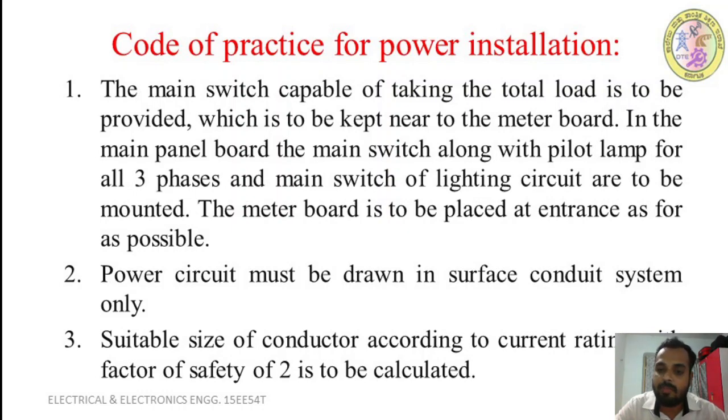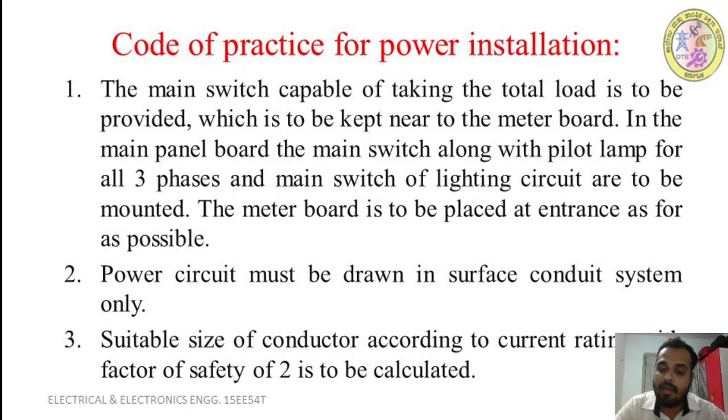The meter board is to be placed at the entrance as far as possible. It means the meter board must be placed at the entrance of the workshop so that it is easily accessible. Along with that meter board, in the main panel board we have to place the main switch for controlling the load and 3 pilot lamps, that is R, Y, B, for phase indication. For the 3-phase supply we have to provide 3 pilot lamps for all 3 phases.